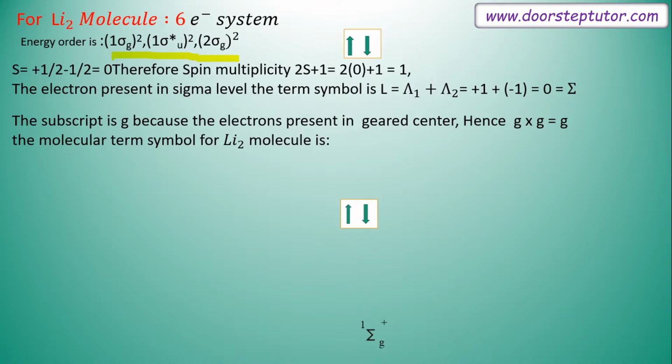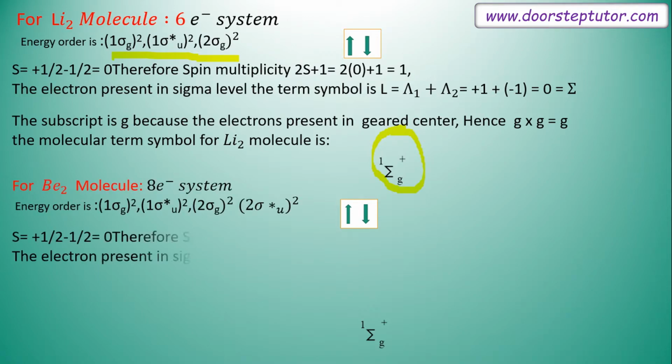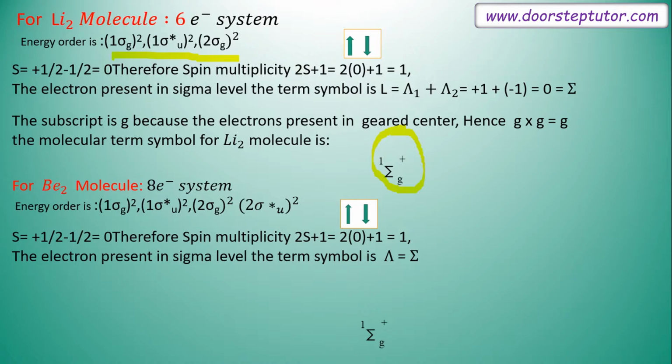For the subscript, the electrons are in the Gerade center only, so you multiply Gerade and Gerade, G into G, which is equal to G. Therefore the molecular term symbol for the Li2 molecule is 1 sigma G plus. Clear, student?